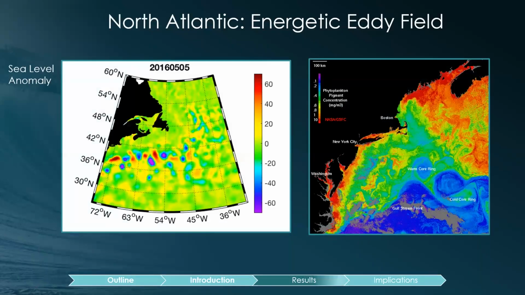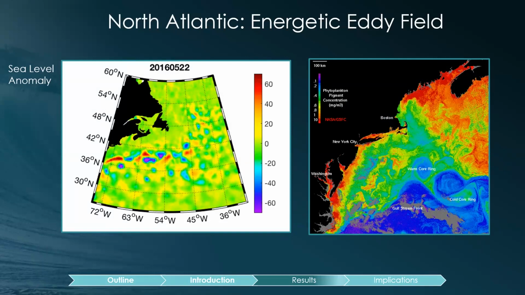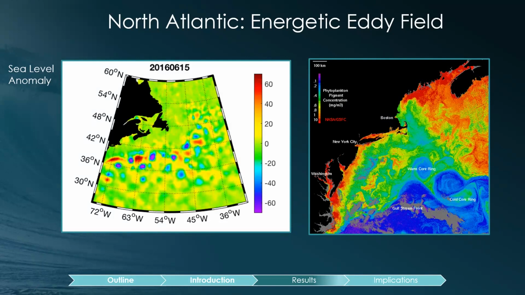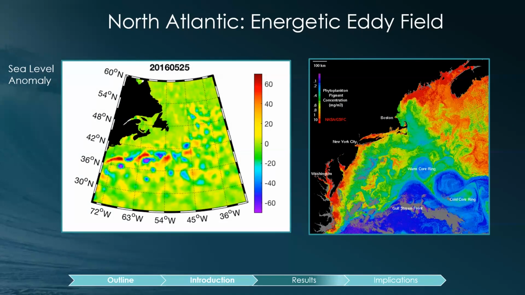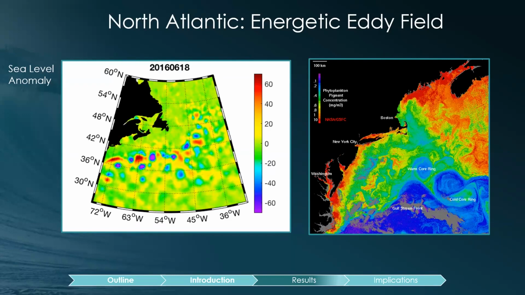So another thing to consider when working in the North Atlantic is that this ocean basin has an energetic eddy field. So if you look up on the right here, this is an animation that shows the dynamic eddy field in this region based on sea level anomalies, where your anticyclones are shown in red and your cyclonic eddies are shown in blue.